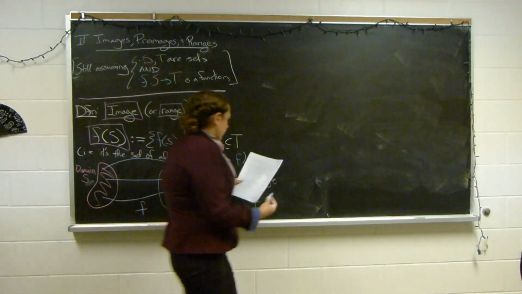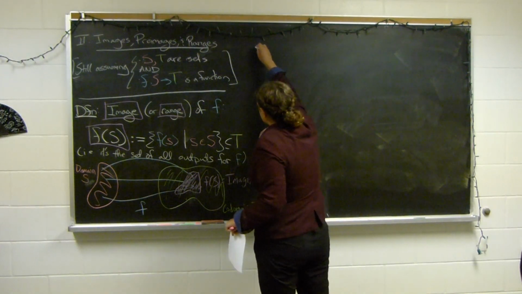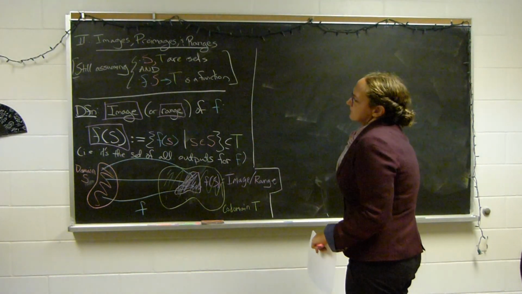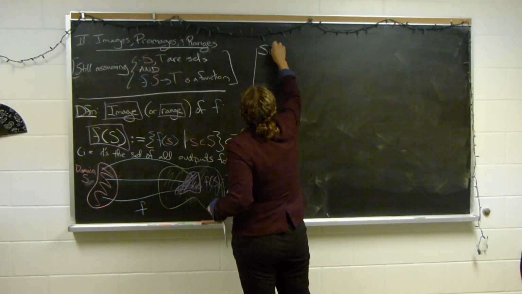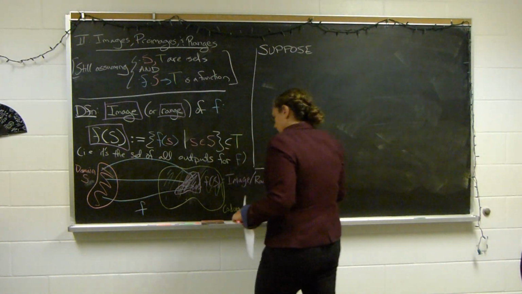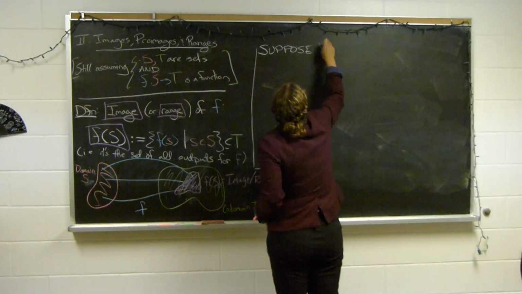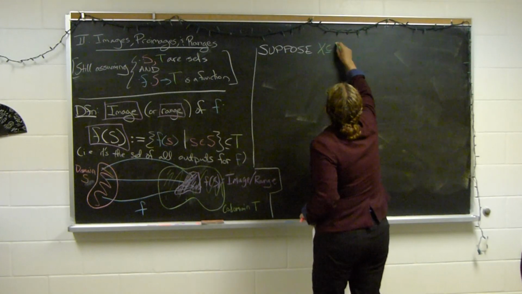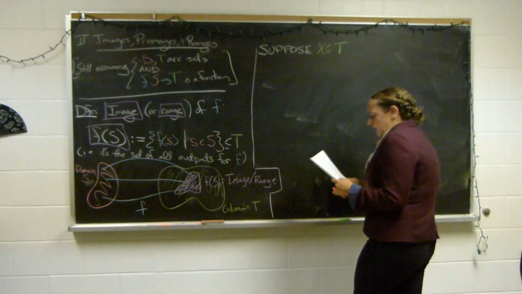Now, we're going to suppose that we have some kind of subset of our codomain. So X is going to be a subset of our codomain T. I don't know if you can tell apart those colors there.